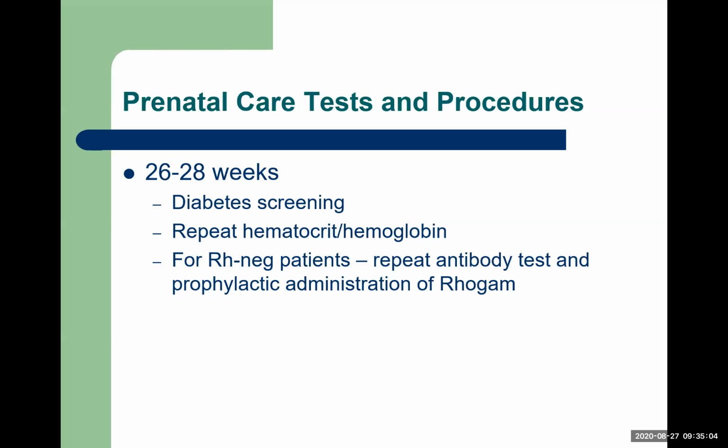Looking for any evidence of iron deficiency anemia, which is pretty common in pregnancy, but also important to look at all the other parameters in your CBC. And those patients that are Rh negative have a repeat antibody test and prophylactic administration of RhoGAM to prevent isoimmunization.